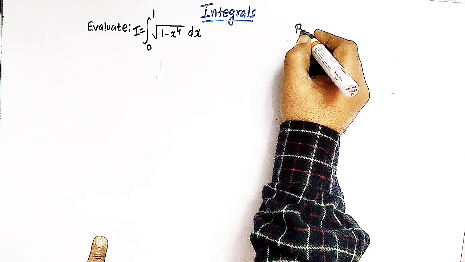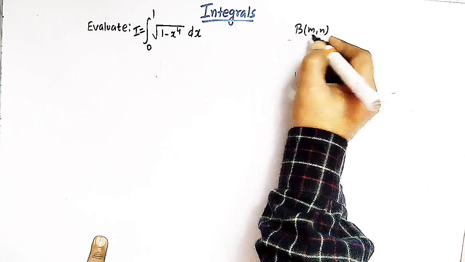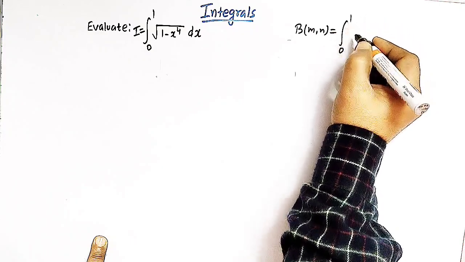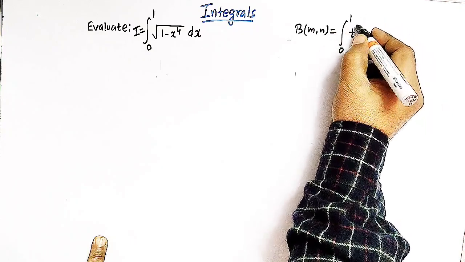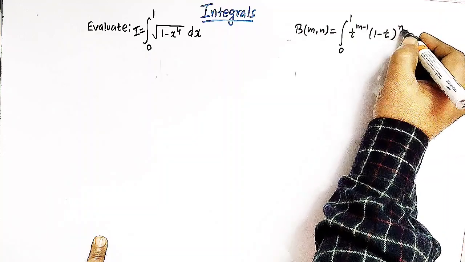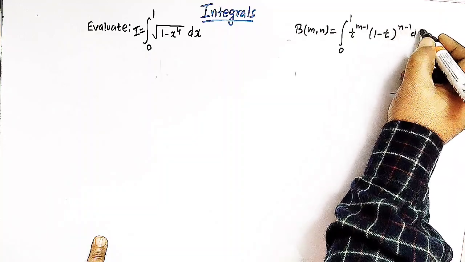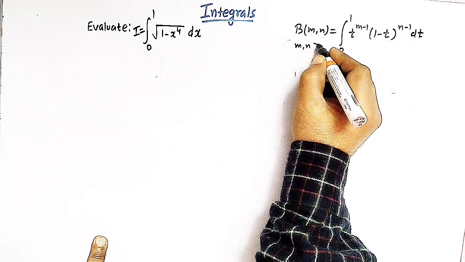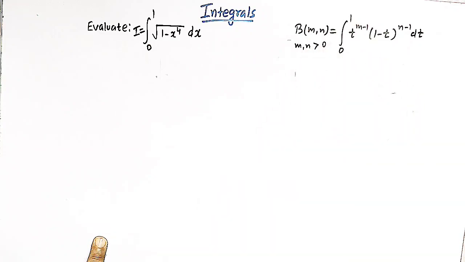So here the beta function is defined as beta m comma n, and this is given by the integral 0 to 1, and here we have t raised to m minus 1 and 1 minus t raised to n minus 1 and dt. And remember, m and n are greater than 0, right?